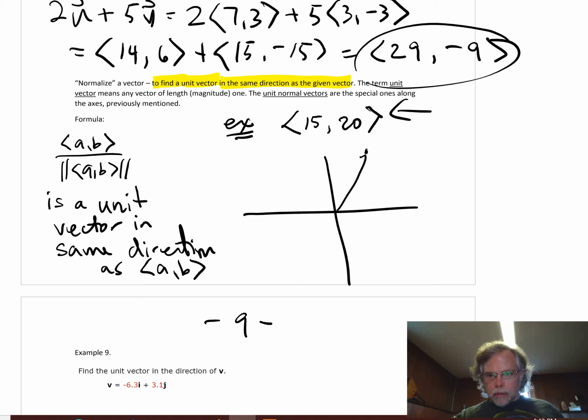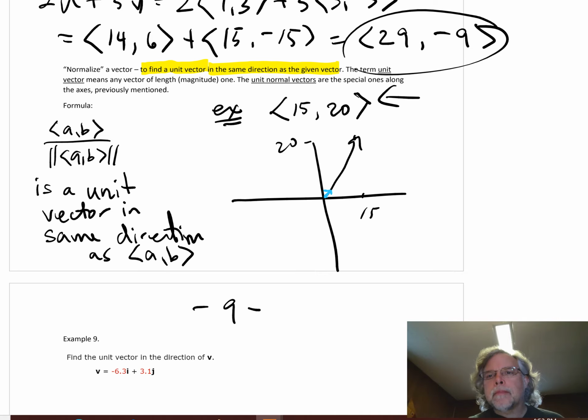The vector <15, 20> is a big long vector there. Its length I don't know, but we will figure that out in a moment. And to normalize that vector just means there's a formula, and the formula will give us a little blue vector of length 1 in the same direction as the original <15, 20>.